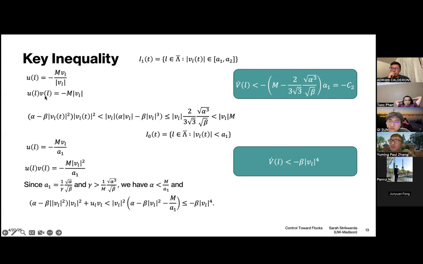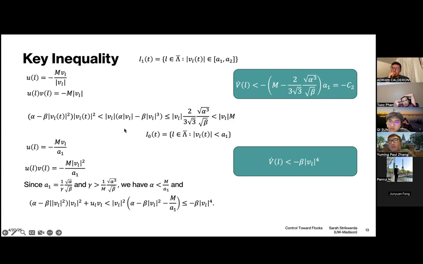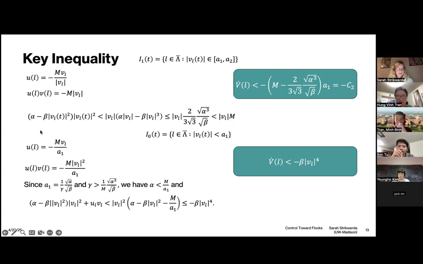And so U_L V_L is going to be equal to negative M V_L squared. When we plug in here, this is the case where V_L is between A1 and A2. But really what we notice is that I have this V_L squared, so I could just put the V_L here and then put alpha times V_L minus beta times V_L cubed.